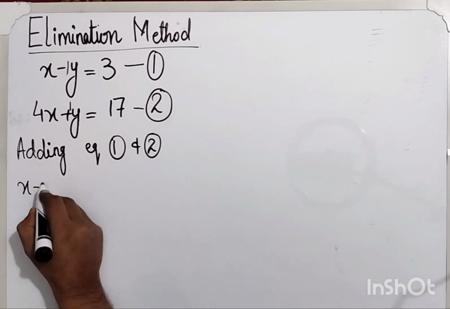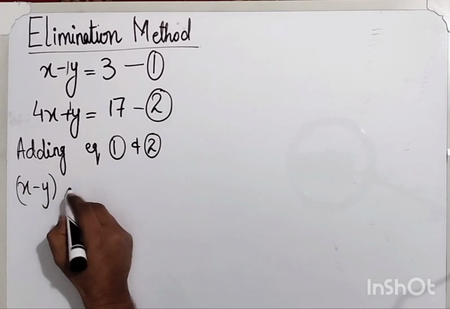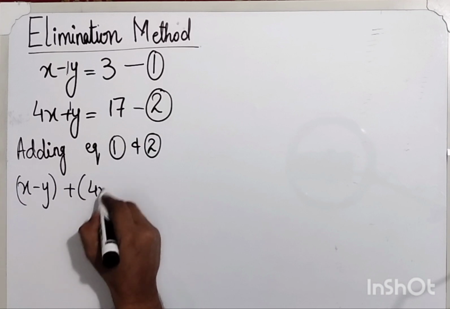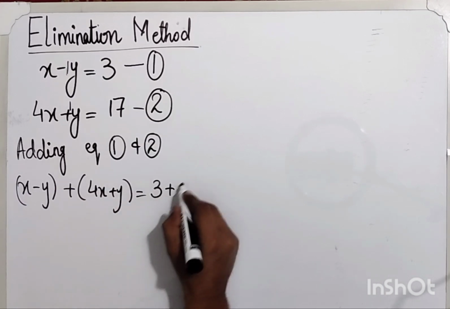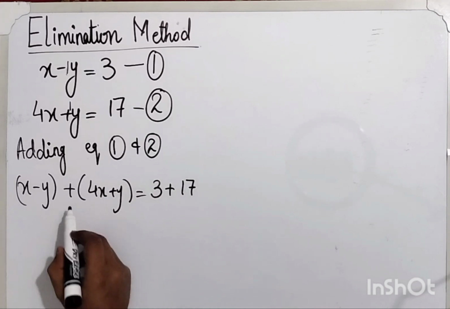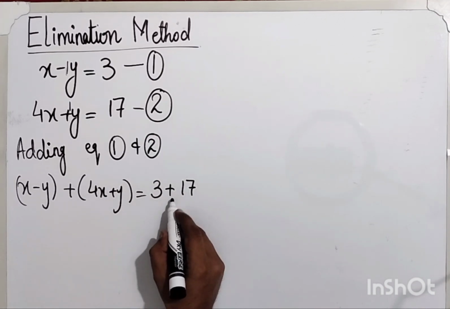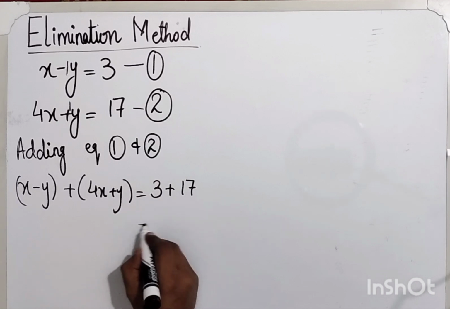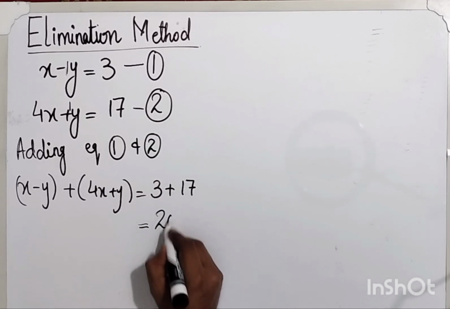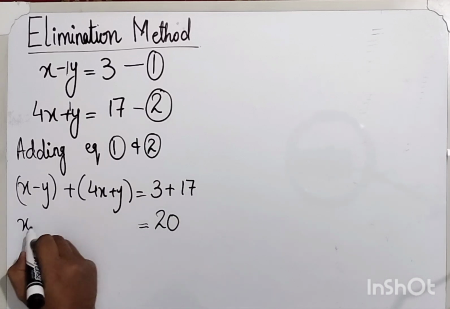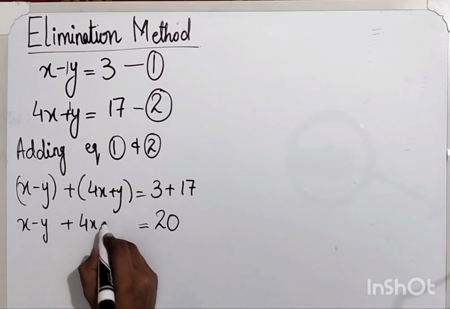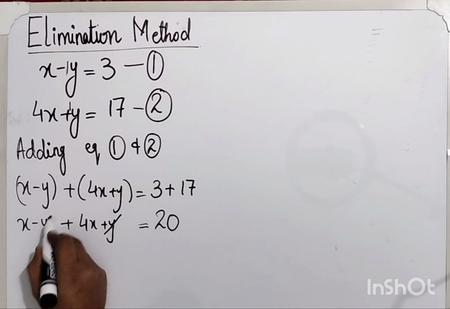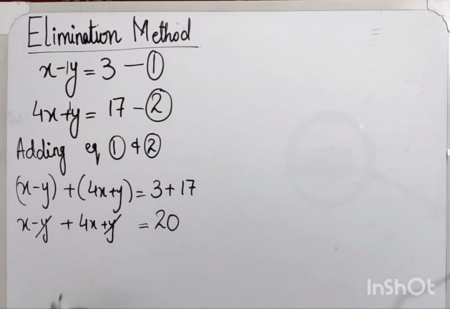So that would be x minus y plus 4x plus y equals 3 plus 17. As I'm doing addition on the left side, I'm doing addition on the right side as well. So 17 plus 3 makes it 20, and on the left we get x minus y plus 4x plus y, and variable y is now eliminated.